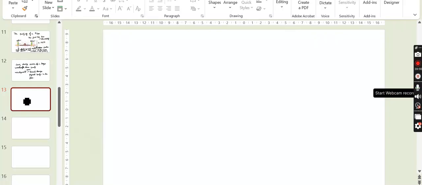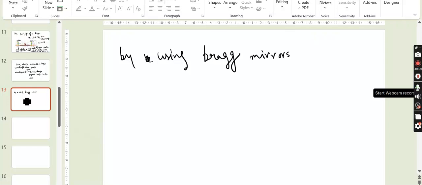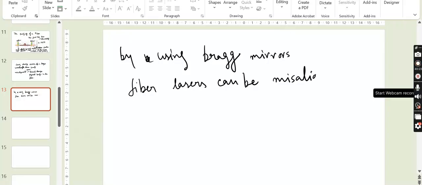And by using Bragg mirrors, fiber lasers can be misalignment proof.